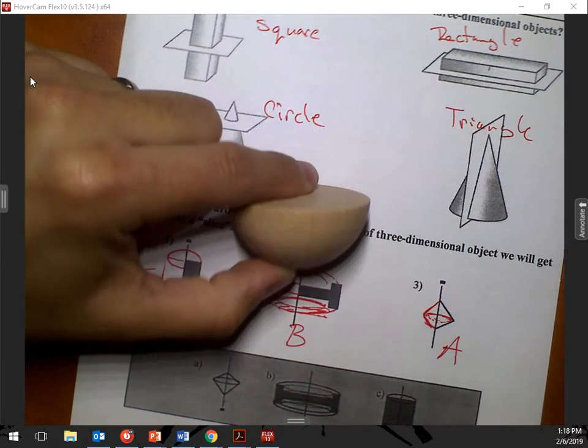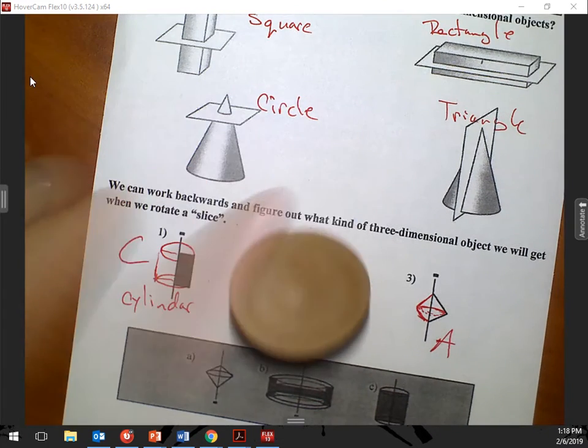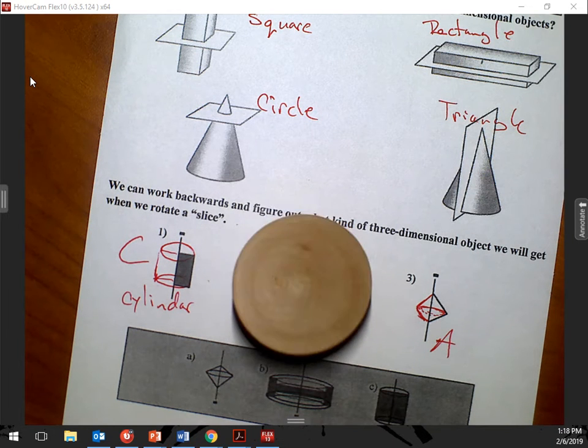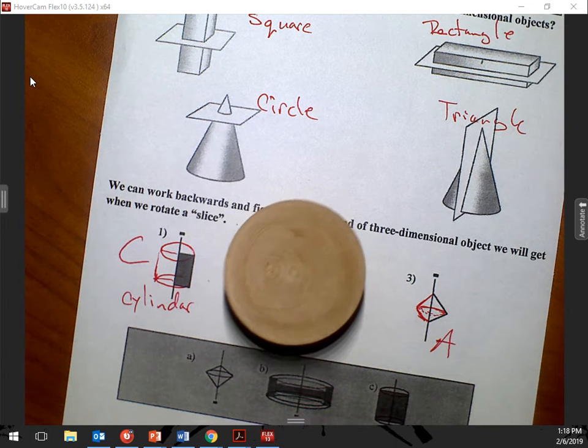Always a circle. That one's just a circle because it's a two-dimensional shape. If it starts off as a sphere, any cross section will be a circle.